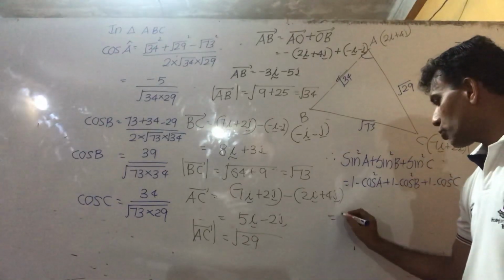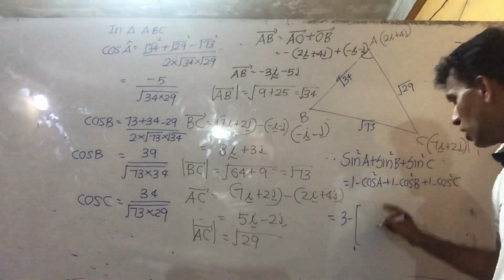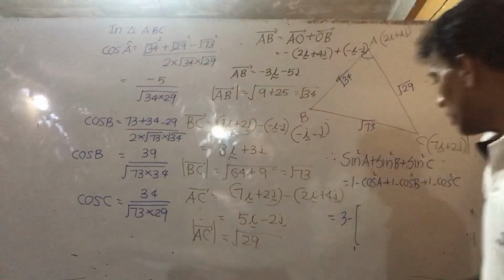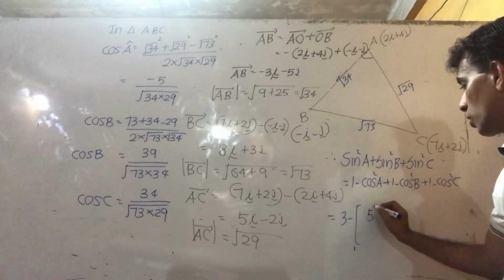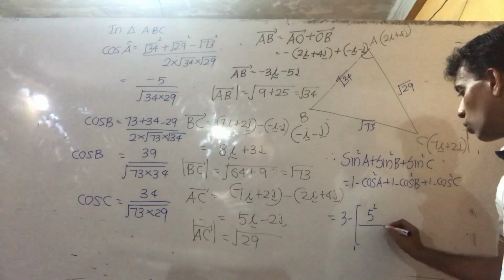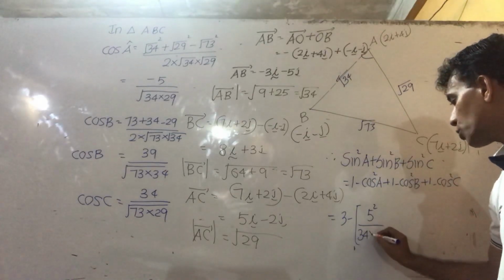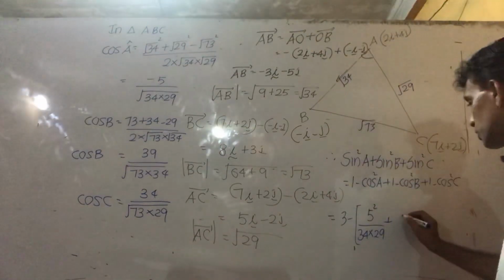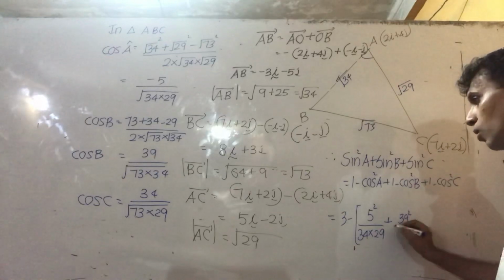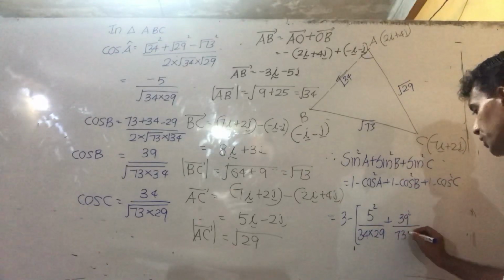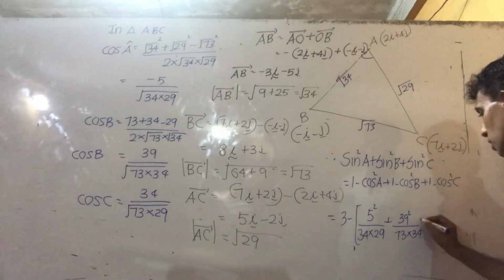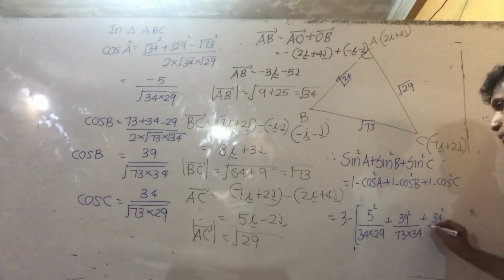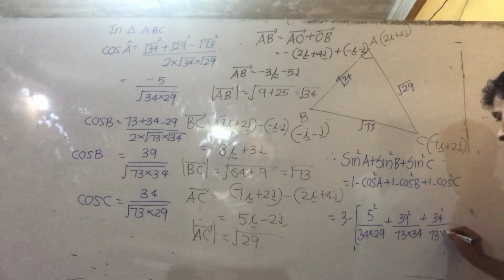So 1, 1, 1 is 3 minus, take a minus out. What is cos square? You know cos A, so you know cos squared A. It becomes 5 squared, or 25, over 34 into 29, plus, you know cos squared B, so 39 squared over 73 into 34, plus, you know cos squared C, 34 squared over 73 into 29.